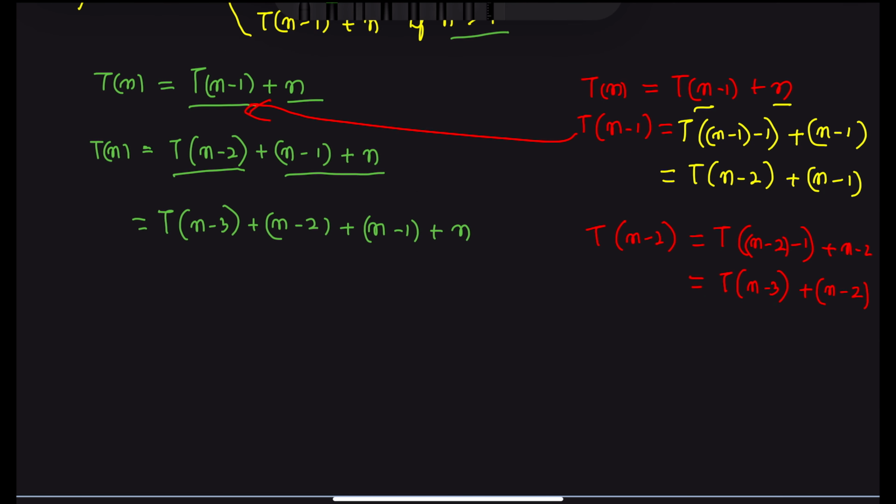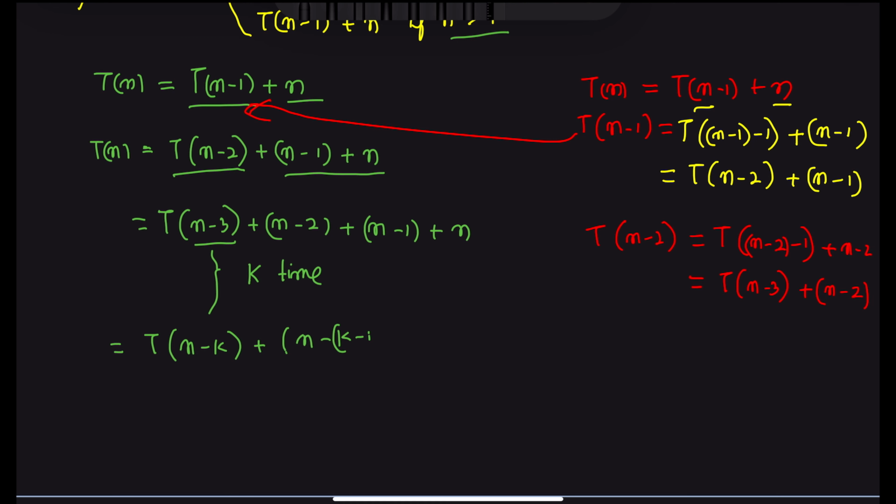You can observe a pattern here. For the first time we have n-1, for the second we have n-2, for the third we have n-3. Now suppose it is running k times. So we will get T(n-k). For the third time it is n-3, and for the kth time it will be n-k, and we can write everything else as (n-k+1).